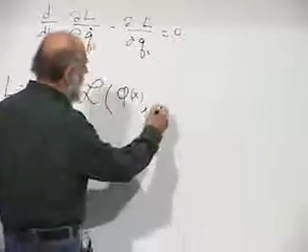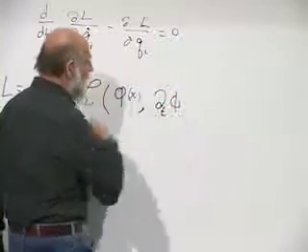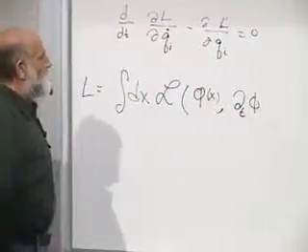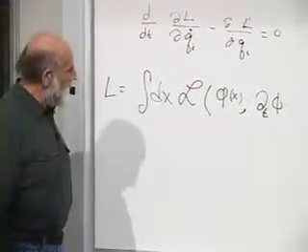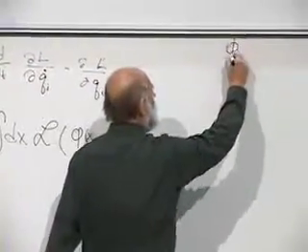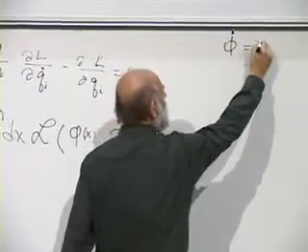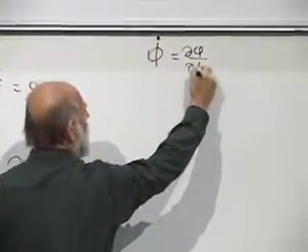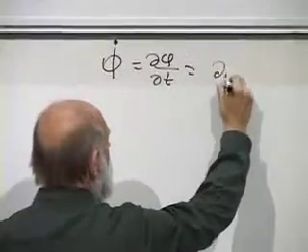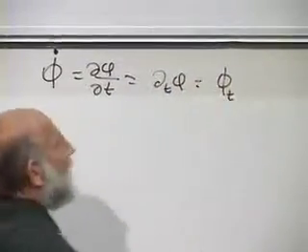And let me write that just as partial_t phi, shorthand for d phi by dt. Here are some notational equivalences: phi dot equals d phi by dt equals partial_t phi equals phi sub t.